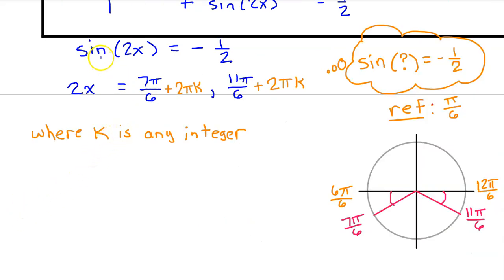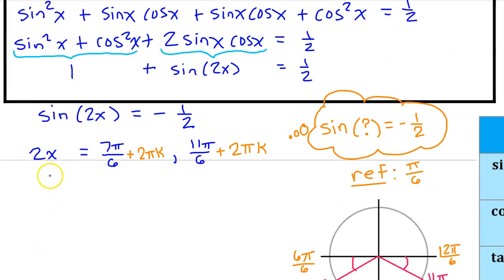However, sine is a periodic function with a period of 2 pi, so adding multiples of the period will not change the output value. We still have to get x by itself by dividing everything by 2. Remember that when you divide a fraction by 2, you multiply the denominator by 2.